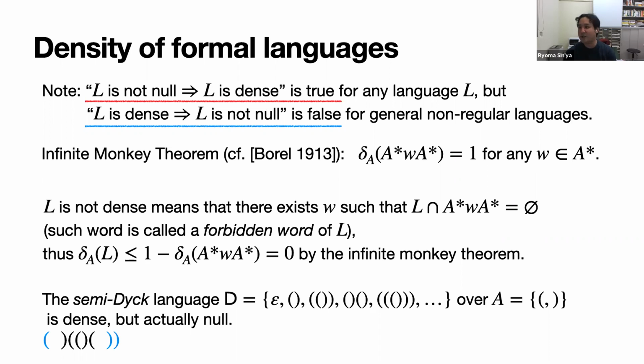So this language D is dense actually, but it is null. Density is 0. We can formally prove this fact by using the connection between the number of semi-Dyck words and the Catalan numbers. Okay.